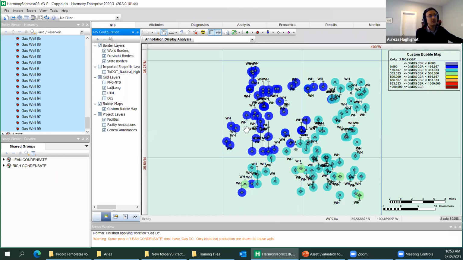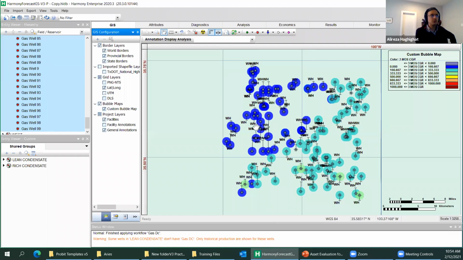Now you can create a type well for each of these regions. And type well is actually the average performance of all of these wells. It's very easy. You want to know what would be the performance of the new well that you are going to drill here. So you take the average of the performance of all of these wells with similar characteristics and similar behavior. So how can we make a type well?